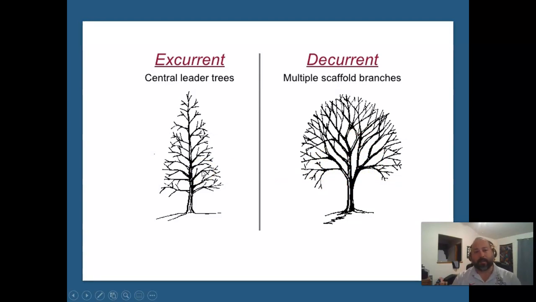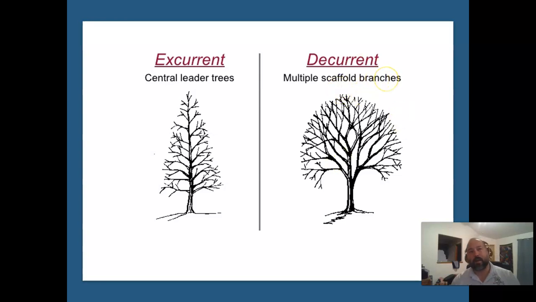Neither one is, in my mind, technically a bad version. I think most of us, when we picture a tree in our mind, we think of a strong central leader. We think of this more excurrent form. The decurrent form sometimes is evidence of a tree that's got issues going on, but not always.